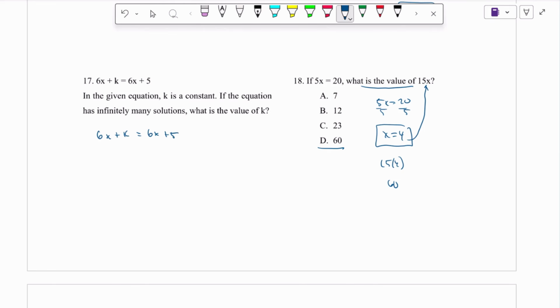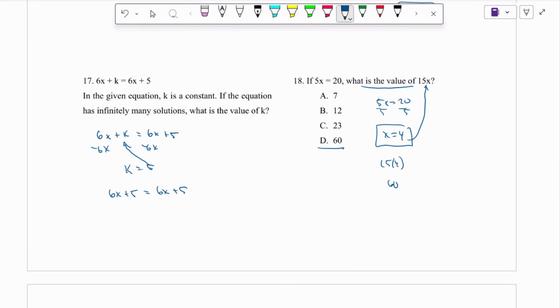So what I mean by that is if I subtract 6x from both sides, I get k is equal to 5. If I plug it back in, I have 6x plus 5 equals 6x plus 5. They're clearly the same thing on both sides. So your answer here is going to be infinitely many solutions.